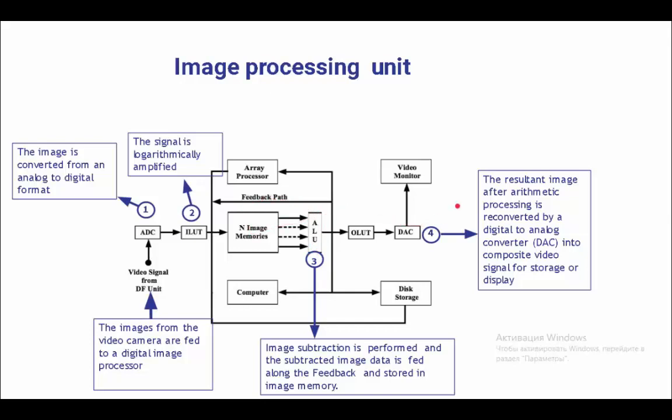Then the resultant image after the arithmetic processing is reconverted by a digital to analog converter into a composite video, and is either displayed via the video monitor or stored on the disk storage.